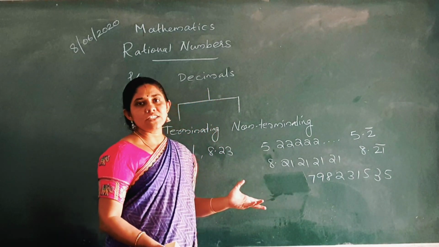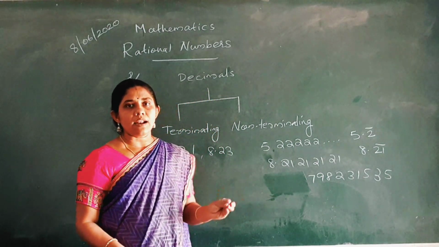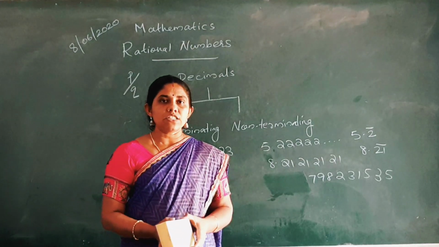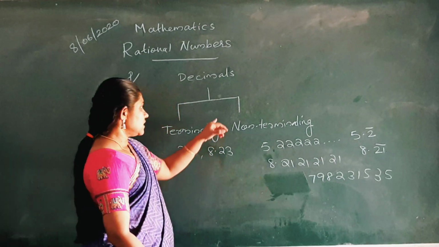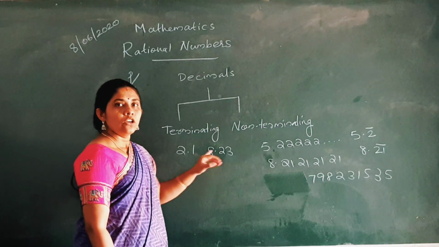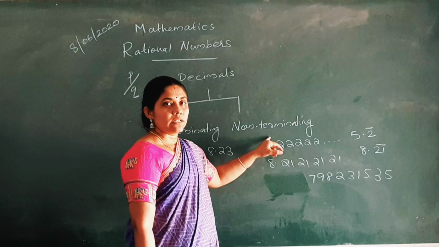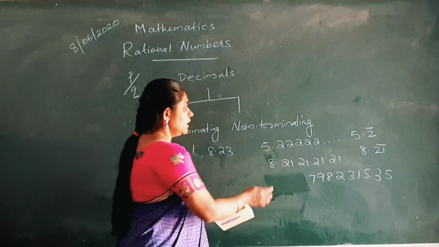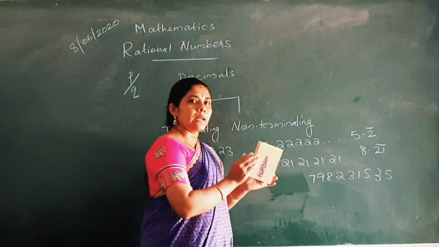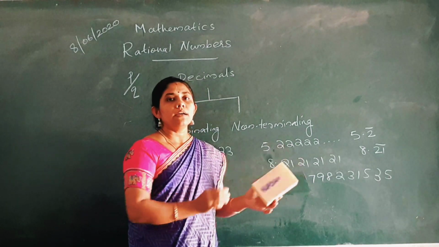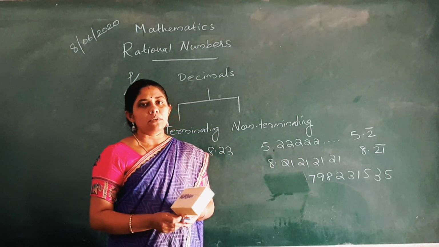This is not a rational number; this is an irrational number. Among non-terminating decimals, if the number is not repeating, it comes under irrational numbers.